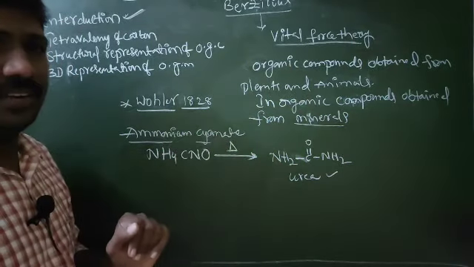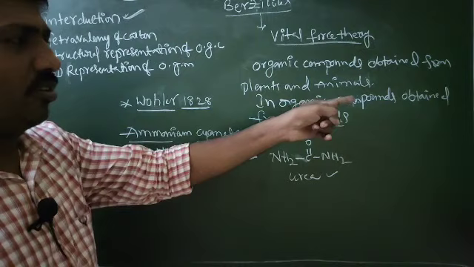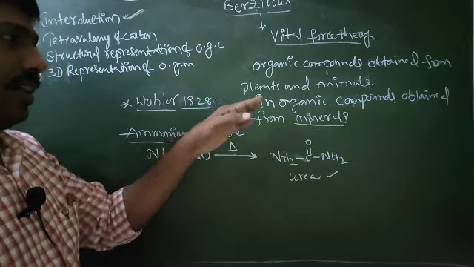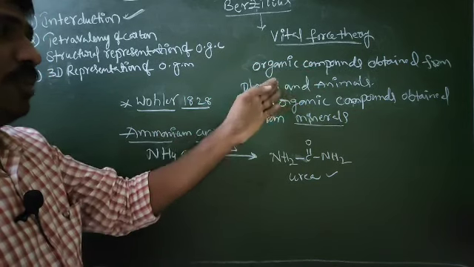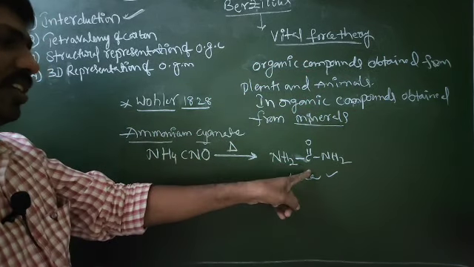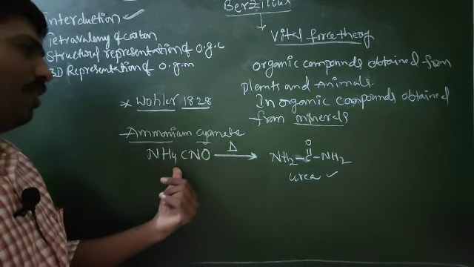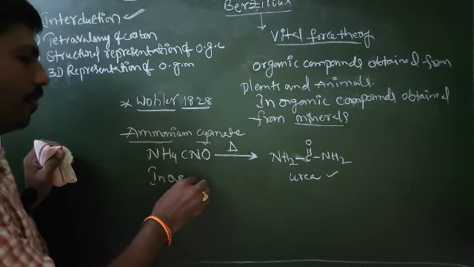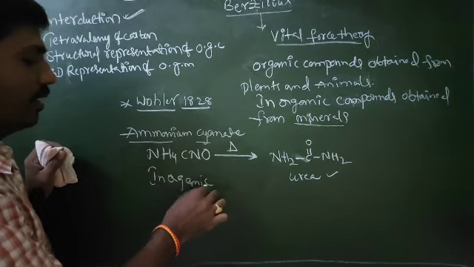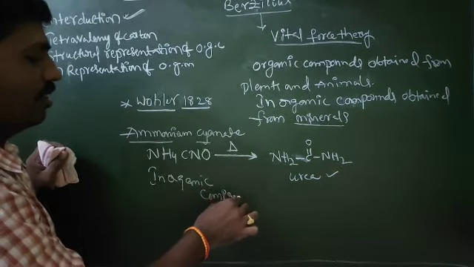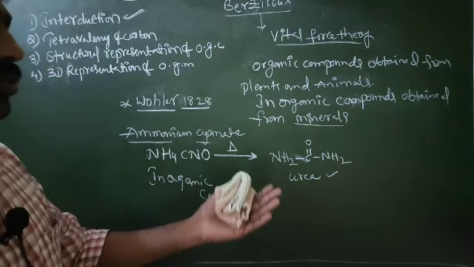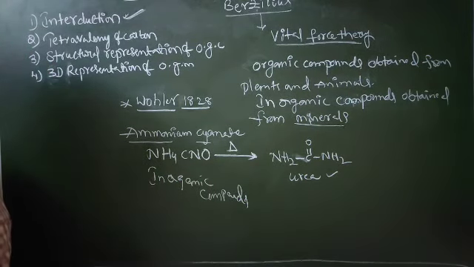This theory now failed, because according to it inorganic compounds are obtained from minerals, but organic compounds only from plants and animals. But this is an organic compound, and it comes from an inorganic compound. From inorganic compounds in the laboratory we can prepare urea also. That older scientist proved it.